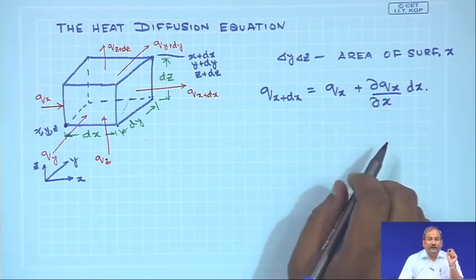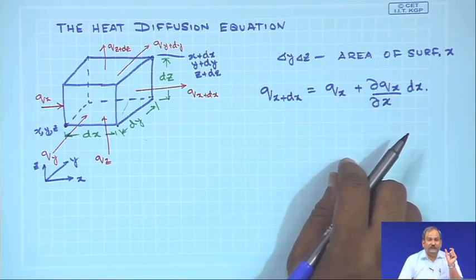If dx is quite small, then a Taylor series expansion of qx around x, neglecting the higher order terms, is admissible and accurate, and therefore, qx plus dx can simply be expressed as qx plus the rate of change of qx with x multiplied by the length scale dx.